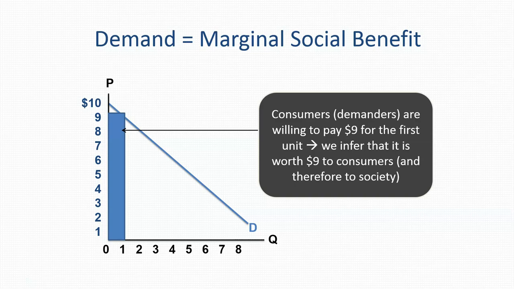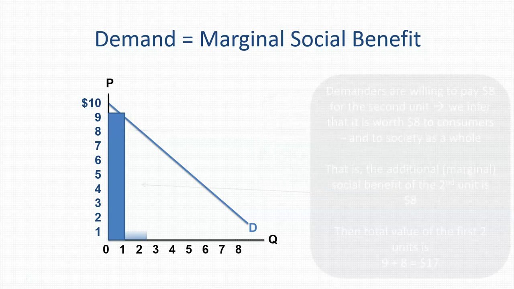Otherwise, why would they be willing to pay $9 for it? And if we go further to assume that consumers represent society in the sense of anybody who wants to be a consumer of this product in society is able to, then we can infer that $9 represents the actual value of that first unit of this good to society as a whole.